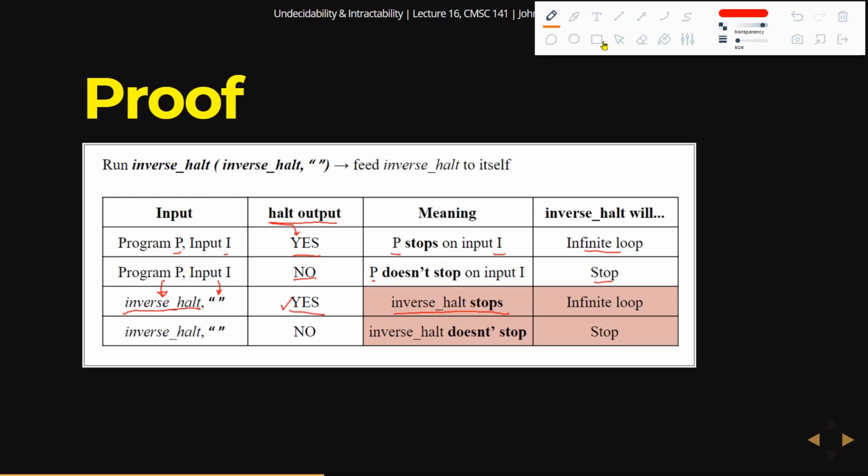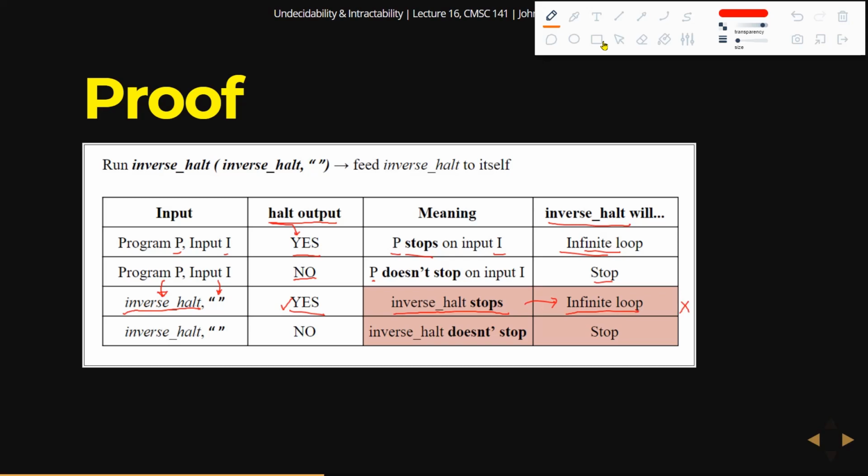But in this case, inverse halt will run on an infinite loop, because if it stops here, it goes on an infinite loop here. But we are saying here that inverse halt stops and inverse halt also enters an infinite loop, which is contradicting, right?